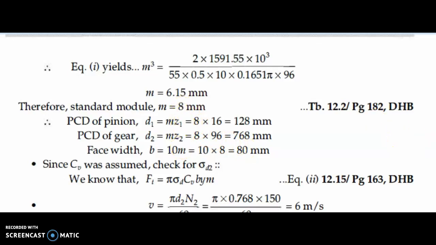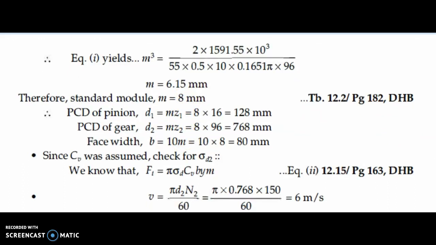Then we can go for the actual Cv value. First we check the Cv value. We already assumed Cv is equal to 0.5. Now we can calculate it from this equation, that is V is equal to pi d n divided by 60, and for the gear the value of V is equal to 6 meter per second.